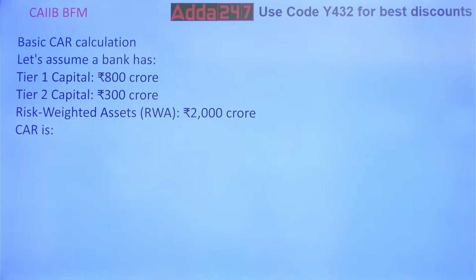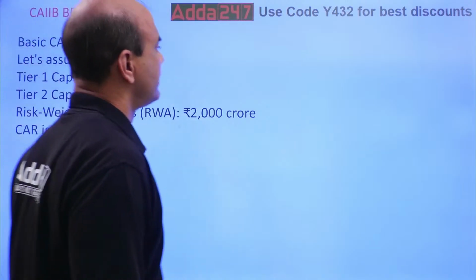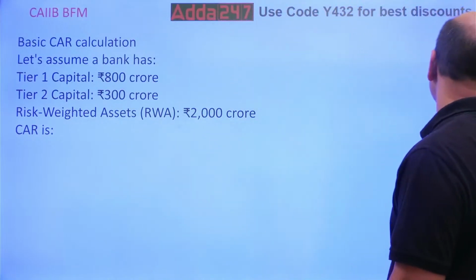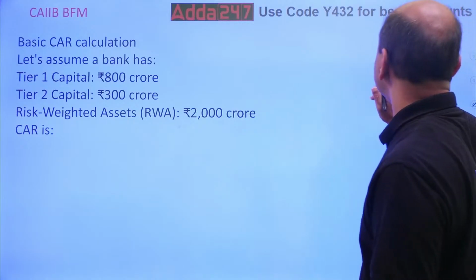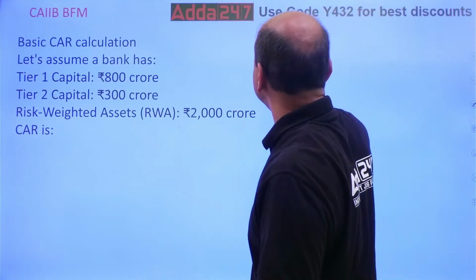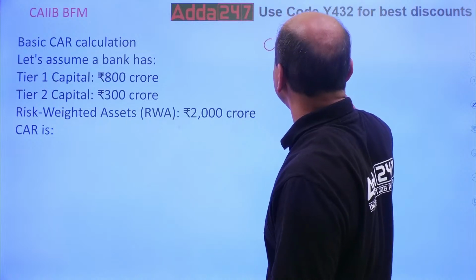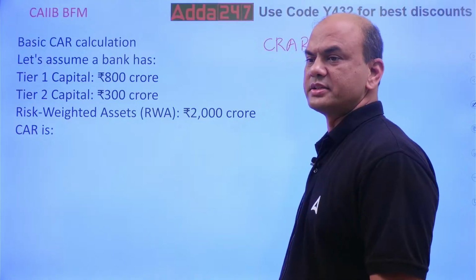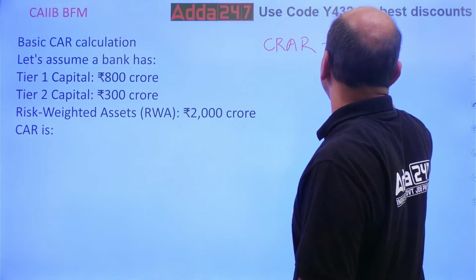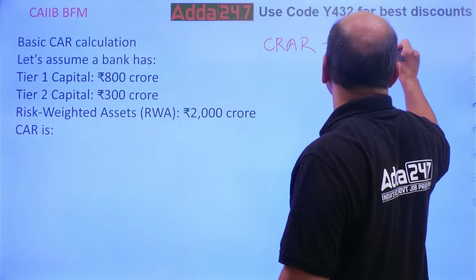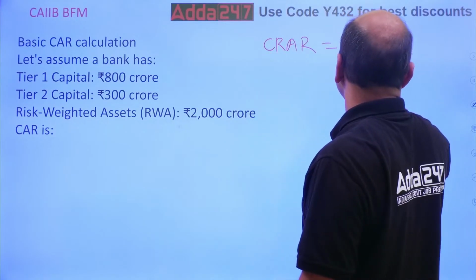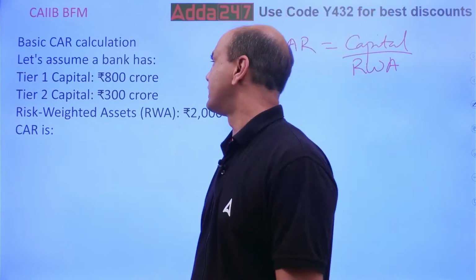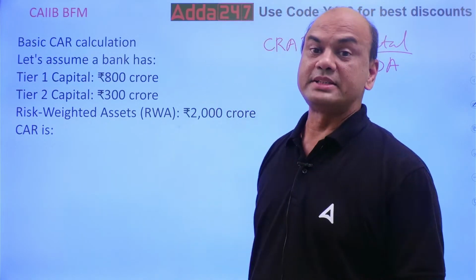What is the formula for CRAR? The formula for CRAR, or you call it CAR, anything is one and the same, is capital upon RWA, risk weighted assets.